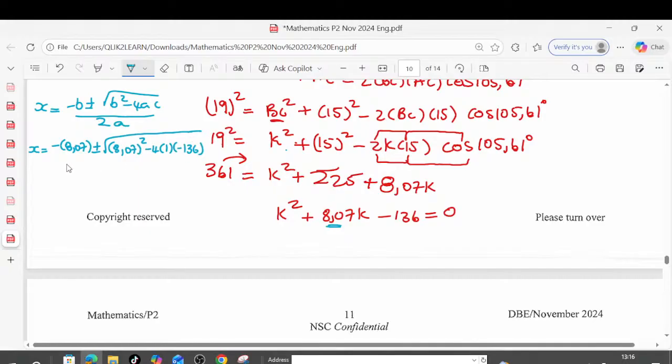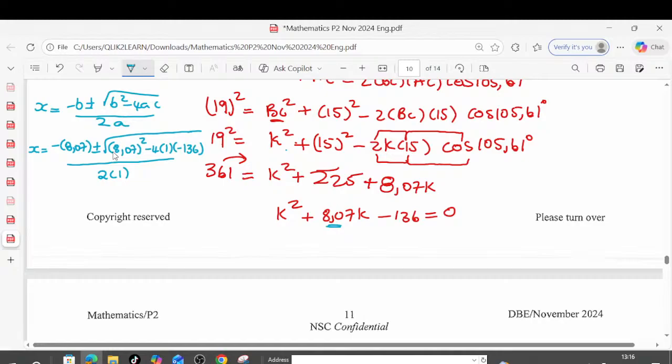There we go. Thank you. So everything is good now. This is 2 into 1. We just have to punch the calculator. So let's see what you guys get. When you put this on the calculator, what do you guys get?